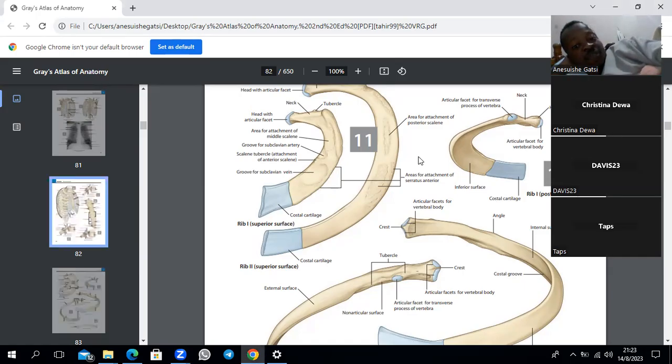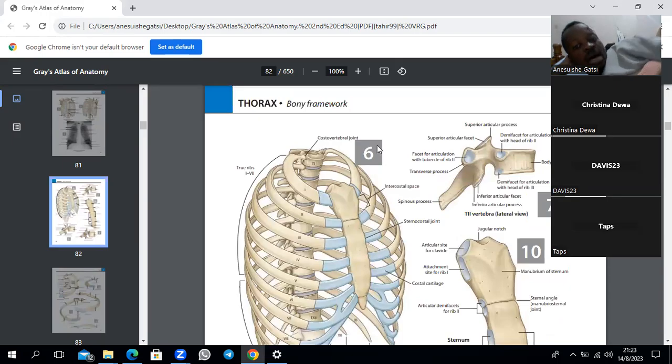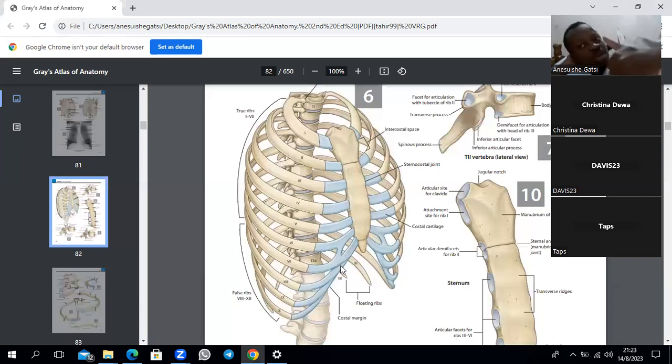But for the first classification that I told you, we just use this picture here, right? So what we call a true rib is a rib that articulates with the sternum. By articulate, I mean it makes a joint with the sternum using its own costal cartilage.